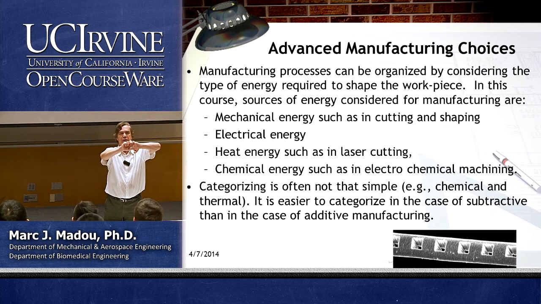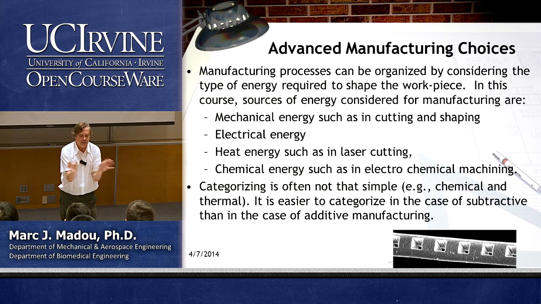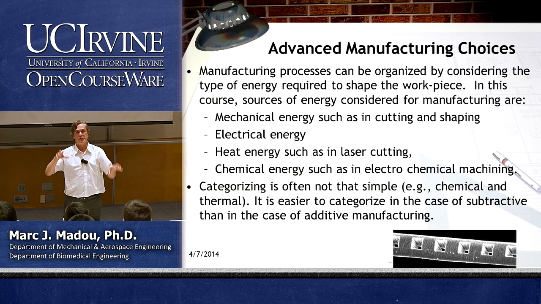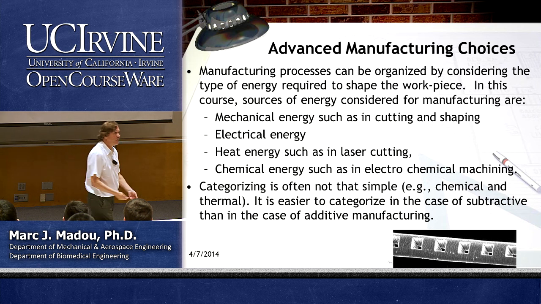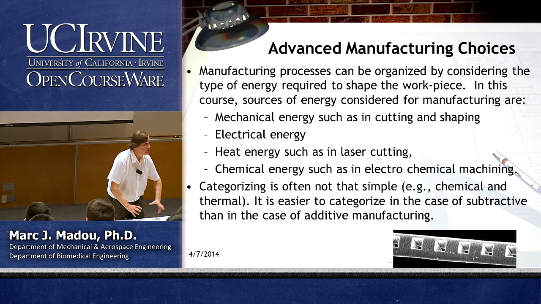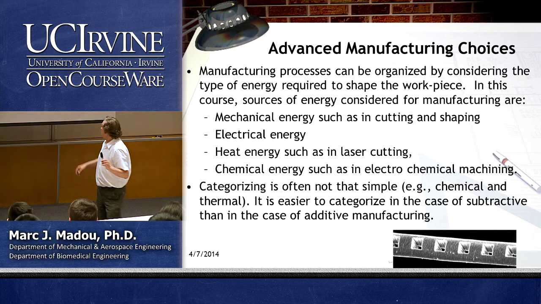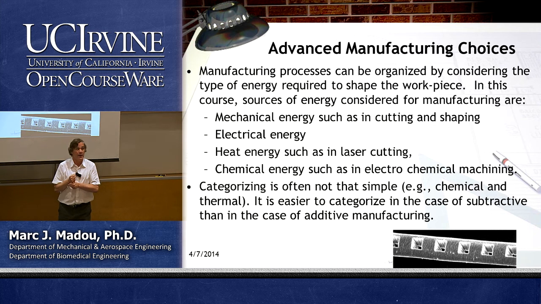4 energy fields to characterize manufacturing, but then there's yet a bigger kind of division between manufacturing entities or groups that is additive versus subtractive. Now additive, the word says it itself, you add layer by layer, you build up something, you add to it, additive manufacturing. This, on the other hand, is subtractive, so you're taking things away.